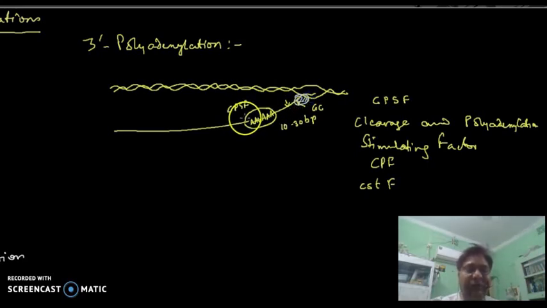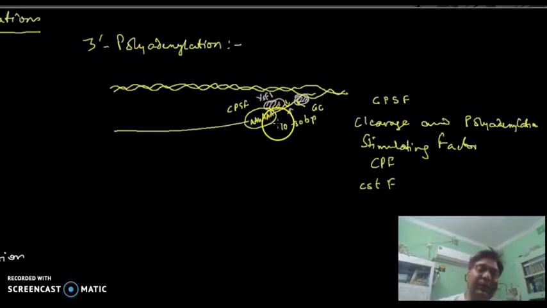And one protein, YSF1, is a part of this CPSF. It is the endonuclease that clips the RNA over here. Its name is YSF1.